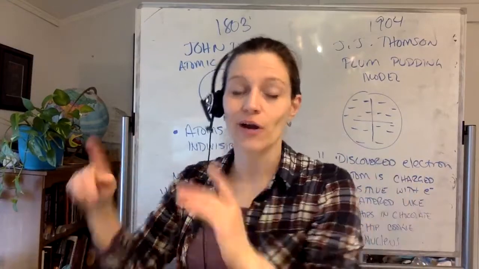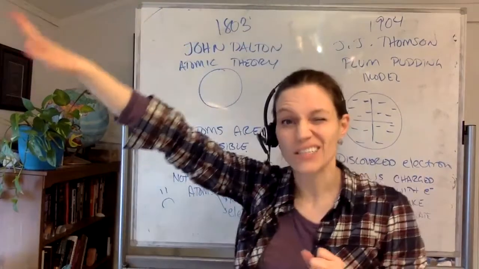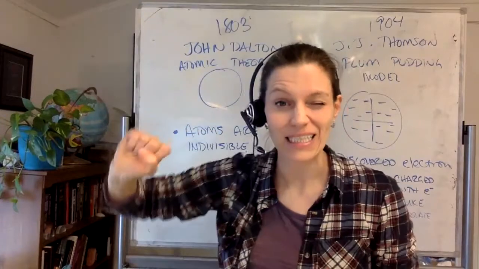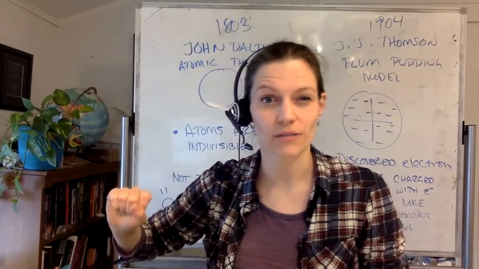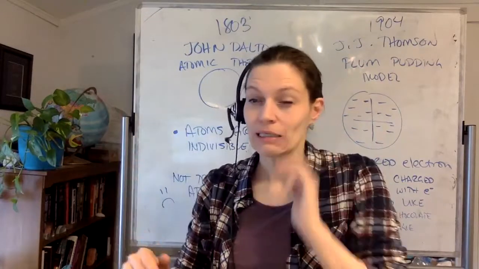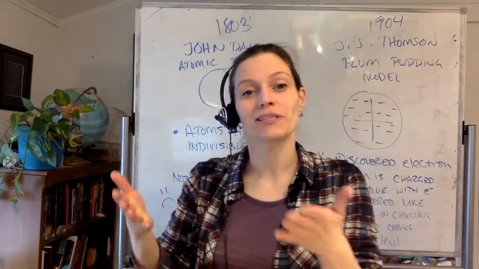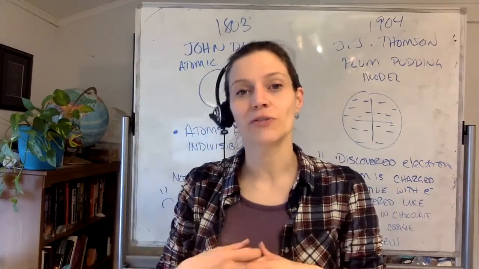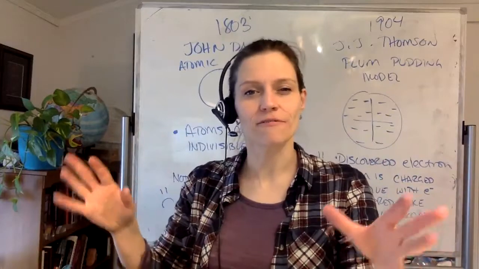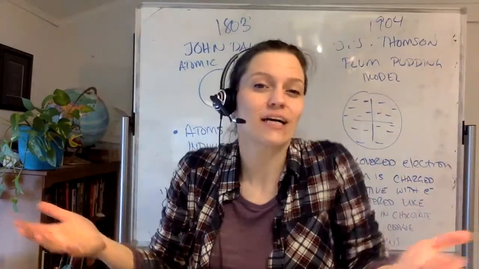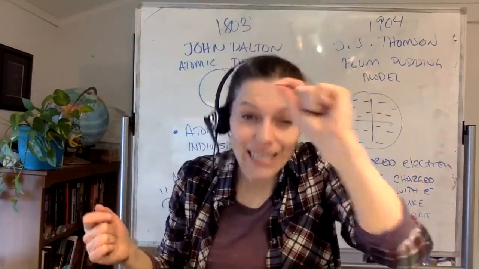So, 1803. Actually, let's go back to 3000 or 2000 BC, 1000 BCE. I'm not quite sure. Probably 100 BCE of the Common Era. Anyway, Democritus was the first. He's a Greek philosopher who said, you know what, I bet stuff, the ultimate question, what is stuff, is made of tiny, tiny little particles.